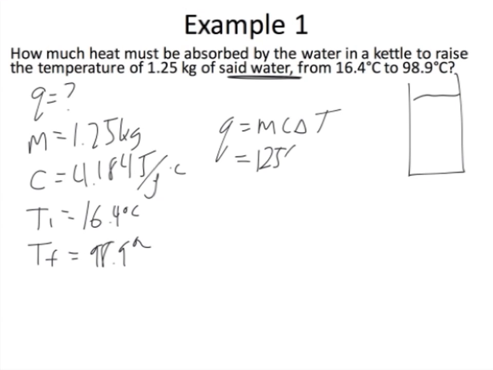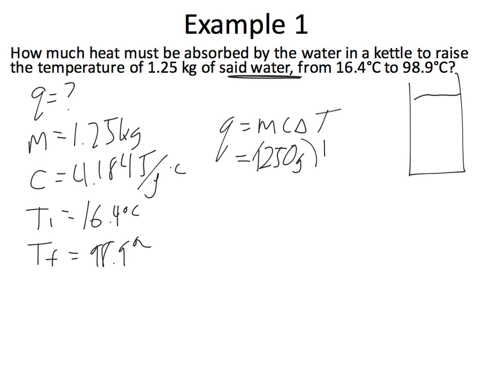So to figure out the heat, we use our formula. Q is equal to mc delta T. In this case, mass has to be in grams. So that means we have 1250 grams multiplied by 4.184 joules per gram degree Celsius, and then multiply that by our final temperature, which is 98.9 degrees Celsius minus 16.4.